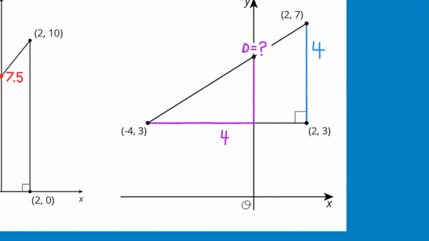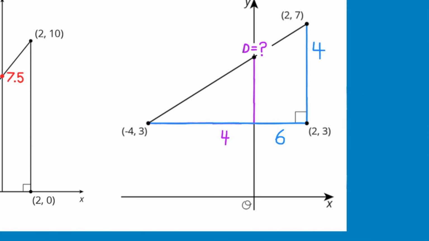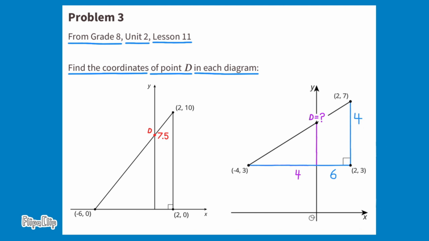The coordinates on the lower right-hand corner tell me that this little section is worth 2, so 4 plus 2 equals 6. The base length of the blue triangle is 6 units. The base length of the purple triangle is 4/6 of the base length of the blue triangle. That means that all the sides of the purple triangle will be 4/6 of their corresponding sides.